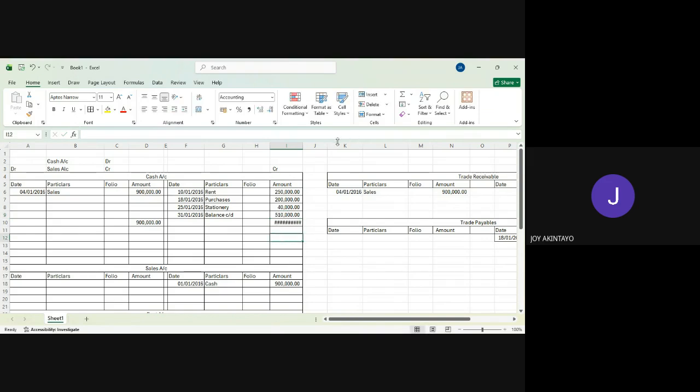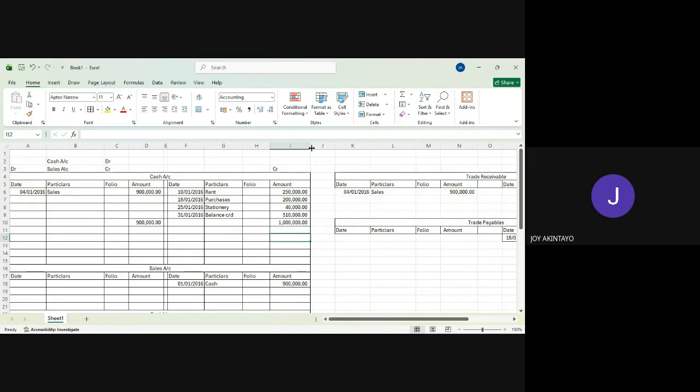At the end of the period, both debit side and the credit side, it's not 510, it's 410. Abi? 410. Okay, I think you said 510.